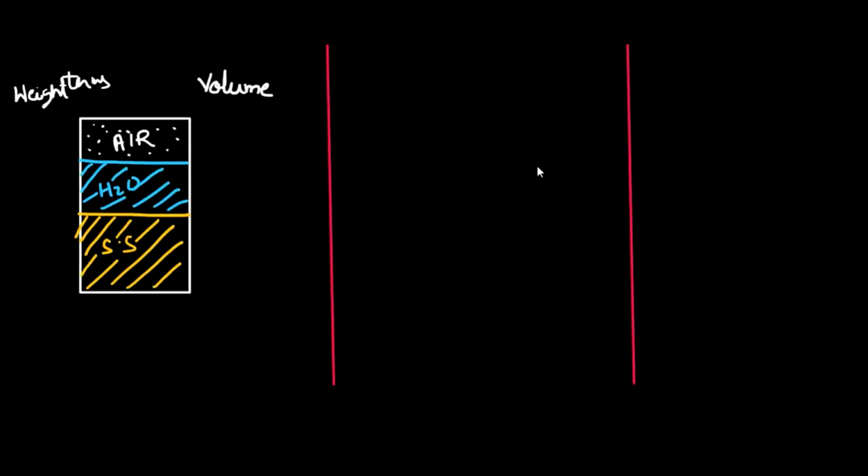Now see here, from this point to this point, this is representing my volume of air present in my soil sample, or my cubic sample. This much amount of air is present.